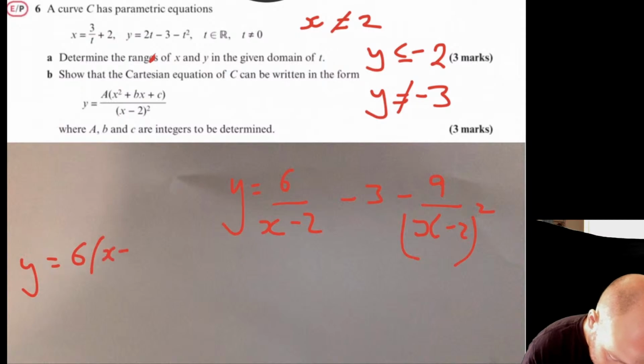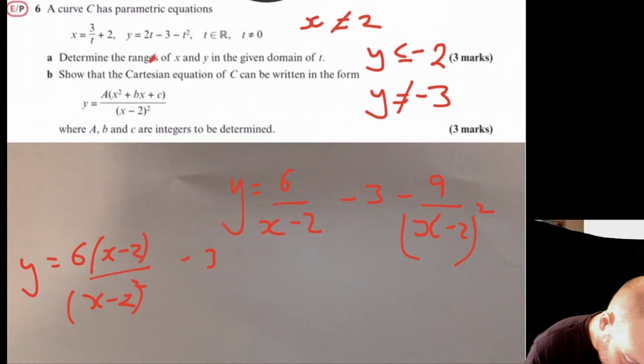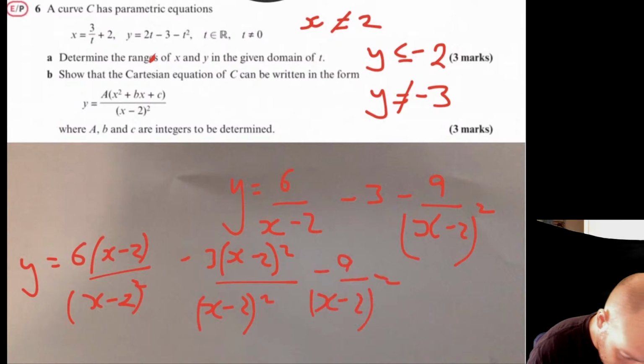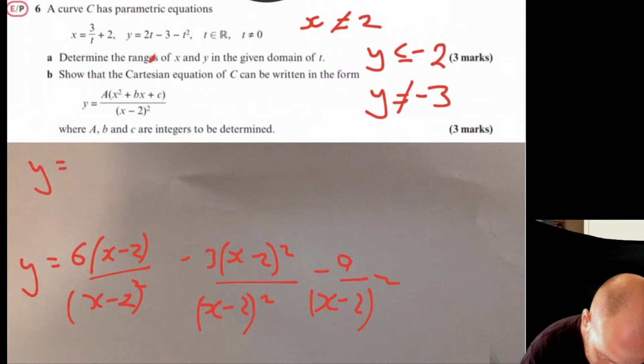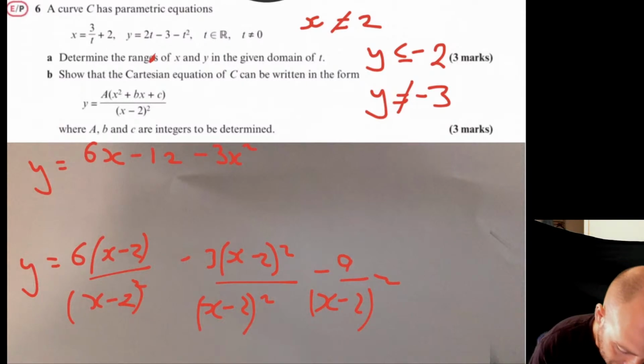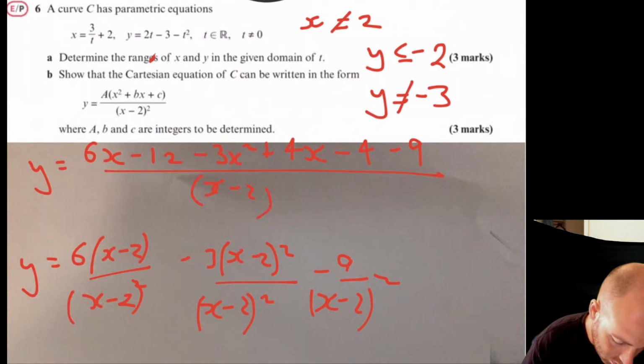So you get 6x minus 2 over x minus 2 squared minus 3x take 2 all squared over x take 2 squared minus 9 over x take 2 squared. Expand the top, so we get y equals 6x take 12 minus 3x squared plus 4x minus 4 minus 9 all over x take 2 all squared.